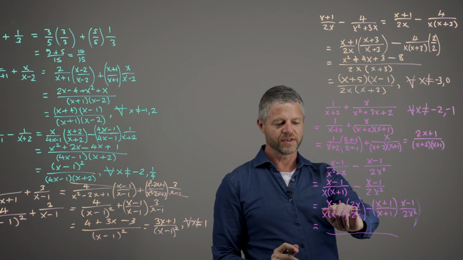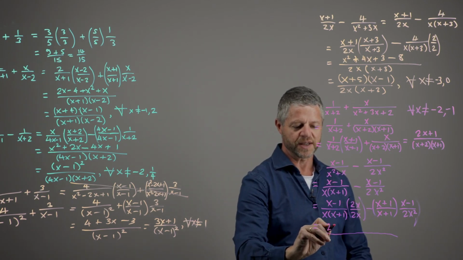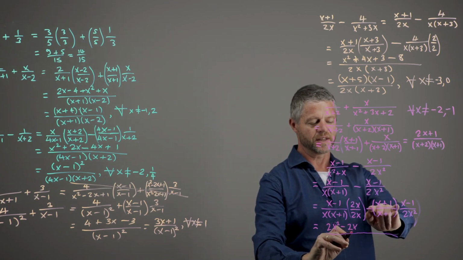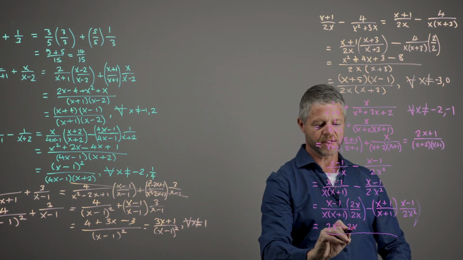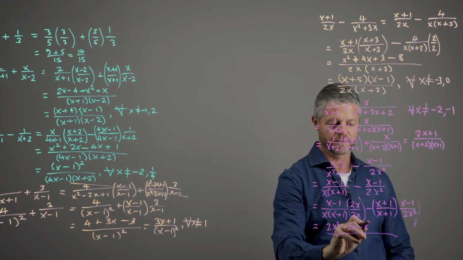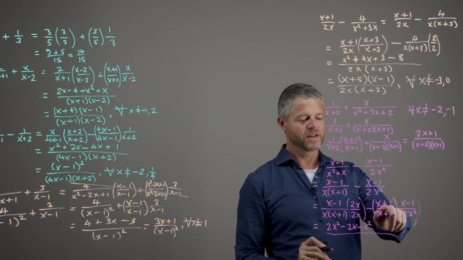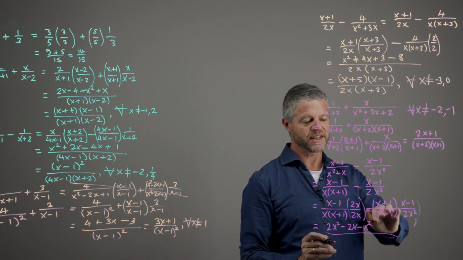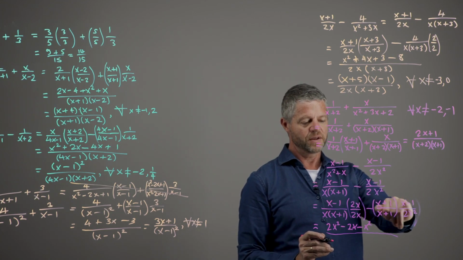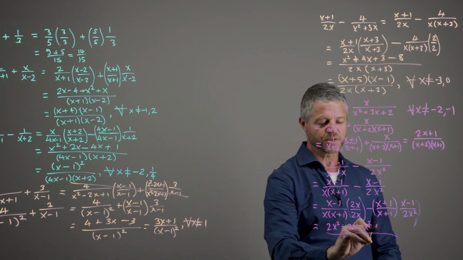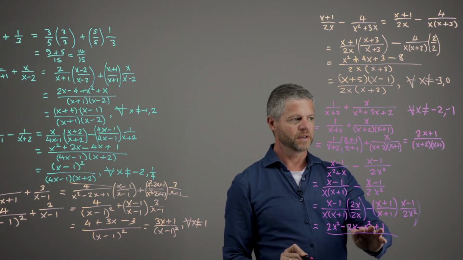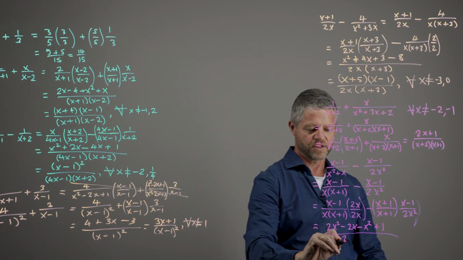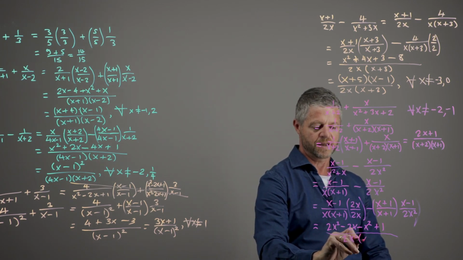We'll have 2x times x, so 2x squared, minus 2x. And then here we've got minus x squared. And we've got plus x minus x. So that's going to cancel out, and we'll just be left with minus 1 minus minus 1, so plus 1. And then in the denominator, we've got 2x squared, x plus 1.